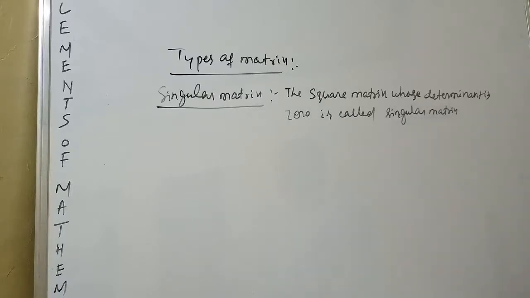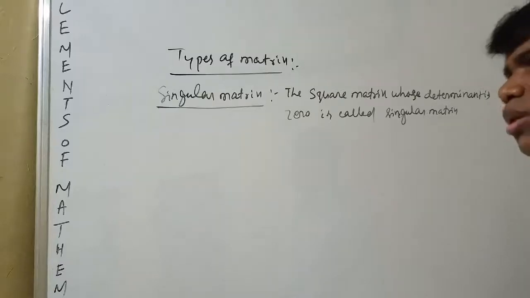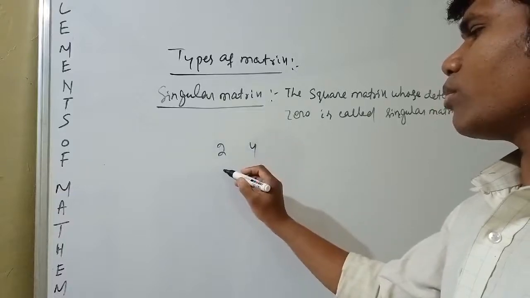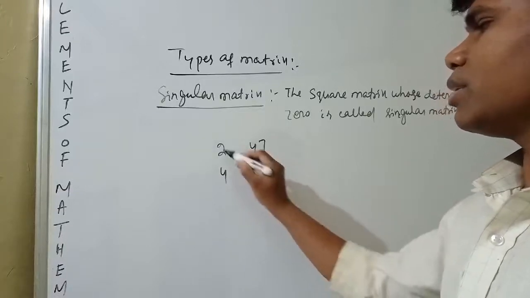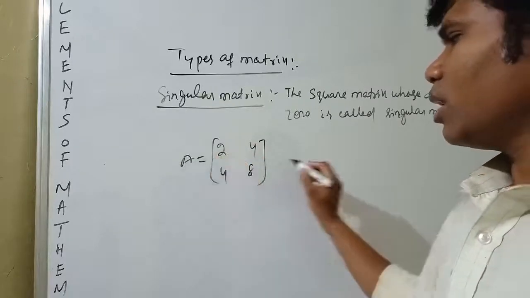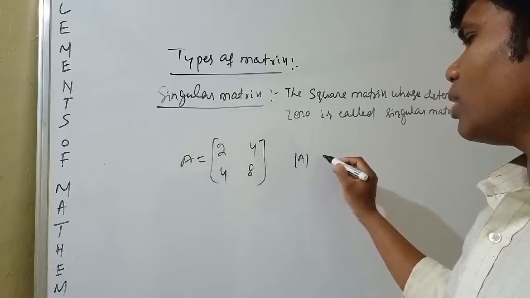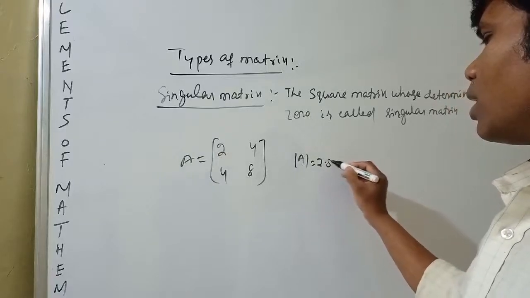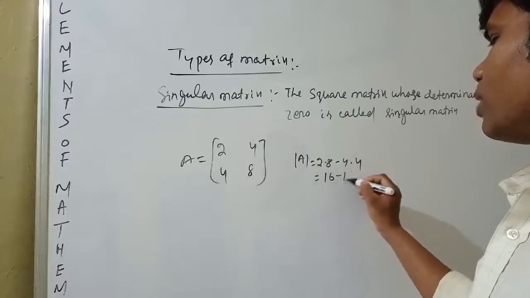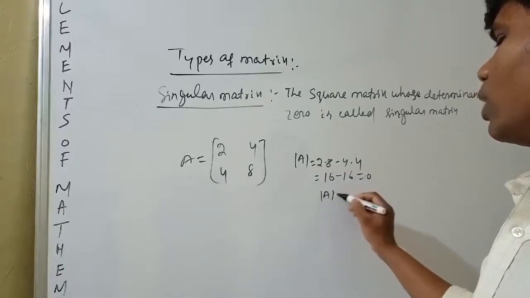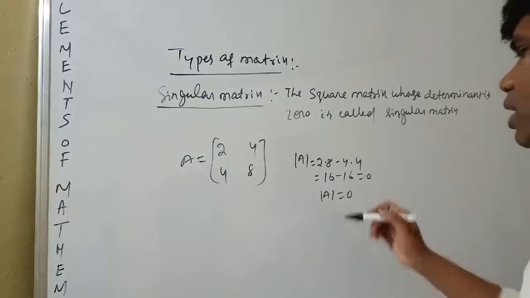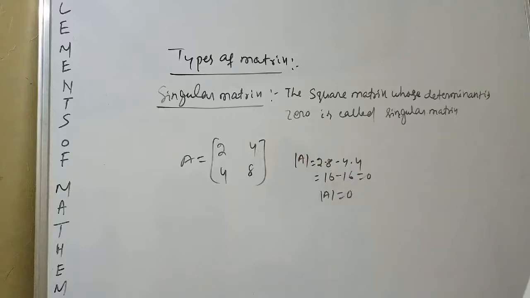Suppose we write 2 4 4 8. Suppose this is A. We will find the determinant. Mod of A is equal to 2 into 8 minus 4 into 4, which is 16 minus 16 is equal to 0. That means mod is equal to 0. Such a type of matrix is called a singular matrix. This is an example of a singular matrix.